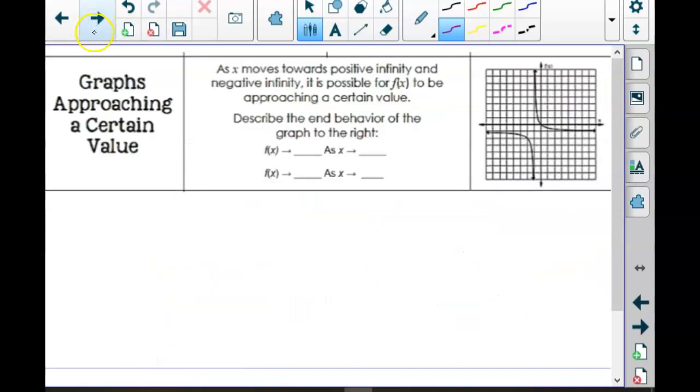All right. The other possibility, and there isn't much of this on Delta Math, but you have a little bit of practice on a worksheet: as x moves towards positive infinity or negative infinity, it is also possible for the function to be approaching a certain set value. So this has a horizontal asymptote.